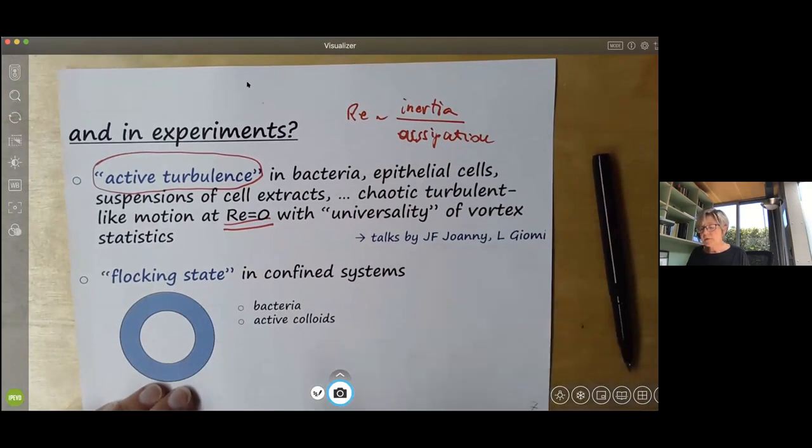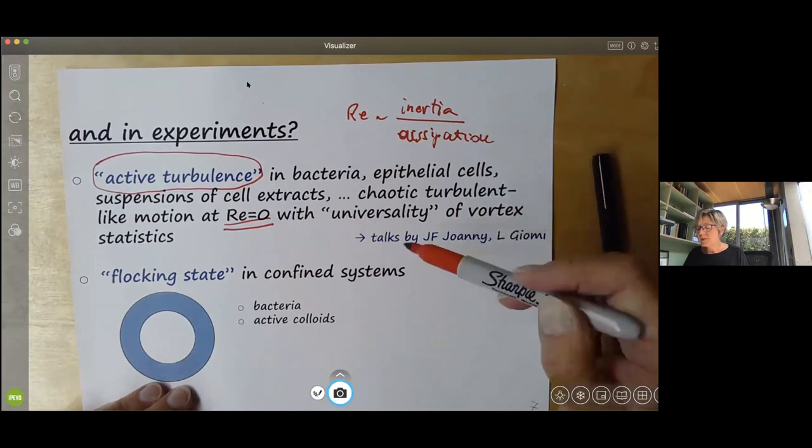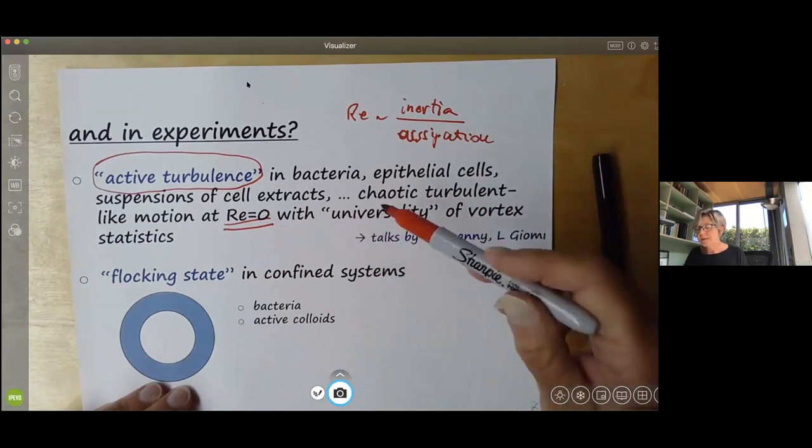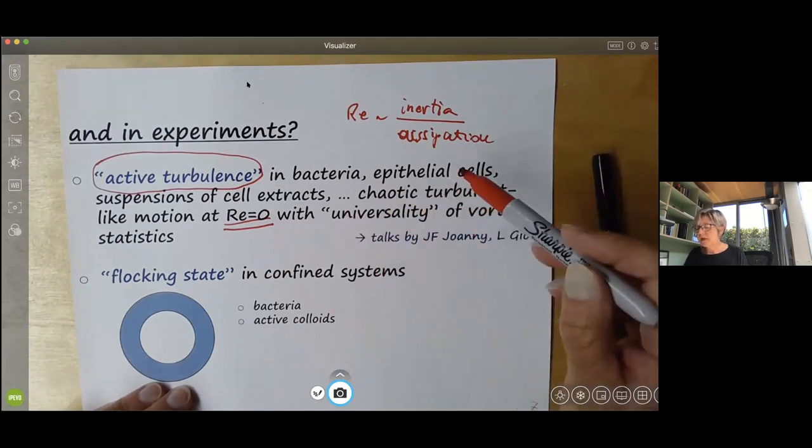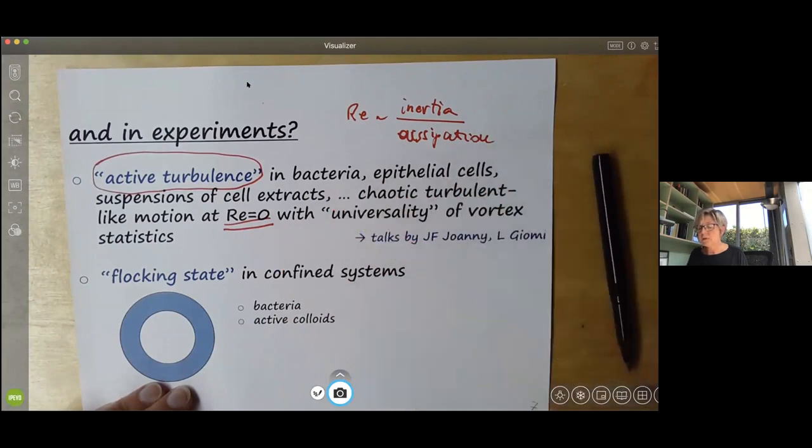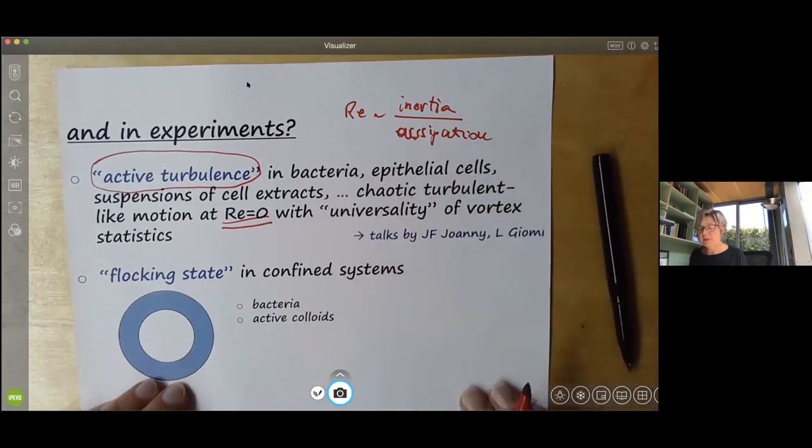What is very interesting is that we've been able to show that the vortex statistics in this turbulent motion, which is actually predicted if you do a nonlinear solution of the equation I just showed you, has some universal scaling characteristics that are the same across all these different systems: bacteria, epithelial cells, and so on.